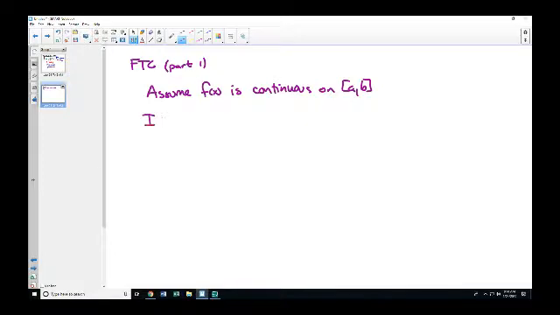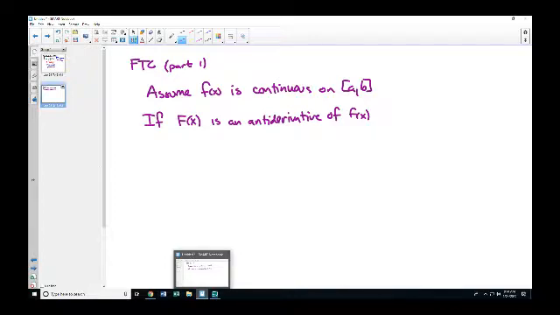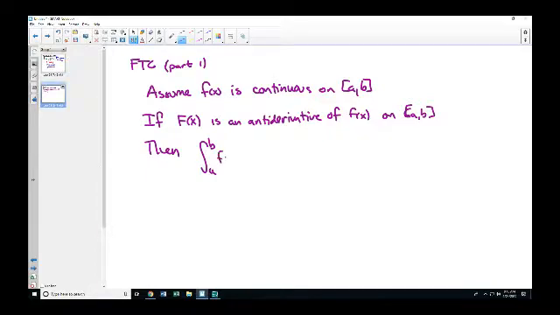If capital F of x is an antiderivative of f of x on the interval, and then we make the statement that we've already talked about.